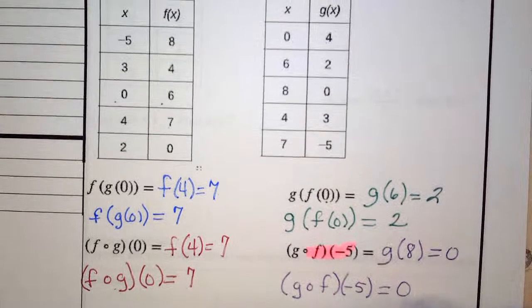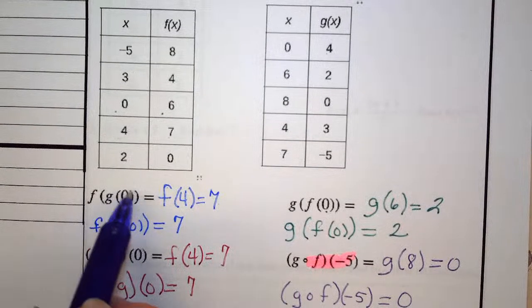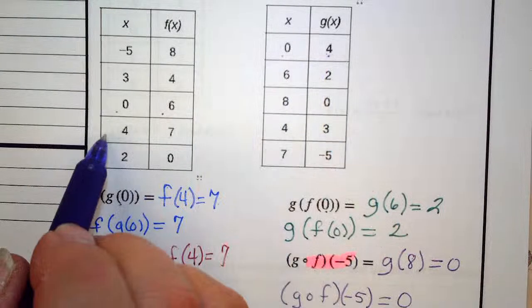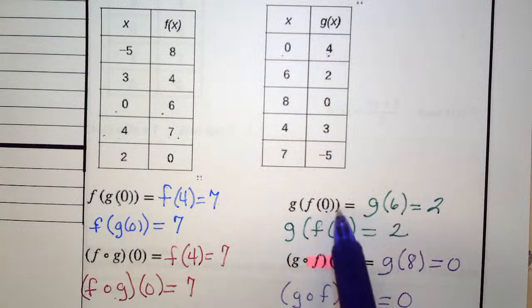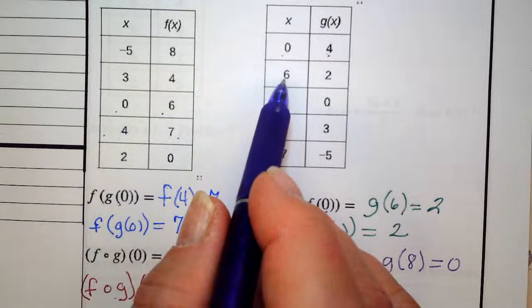So let's take a minute. We're going to look at this again. I start with g of 0. 0 goes to 4. 4 goes to 7. This time I start with f of 0, where x is 0. When x is 0, 0 goes to 6. 6 goes to 2.